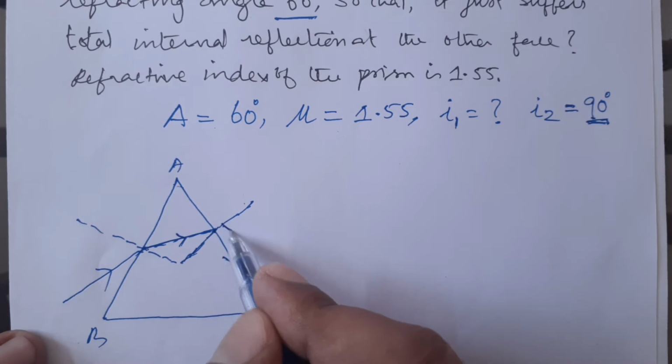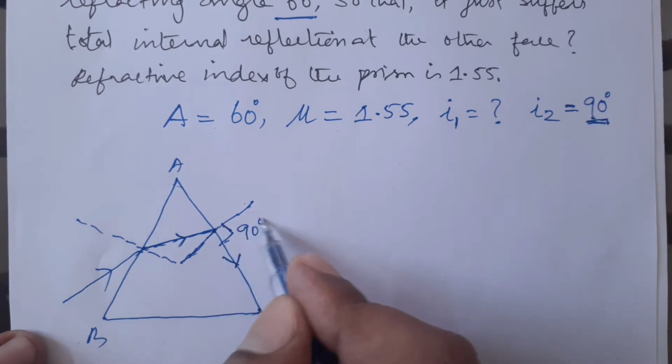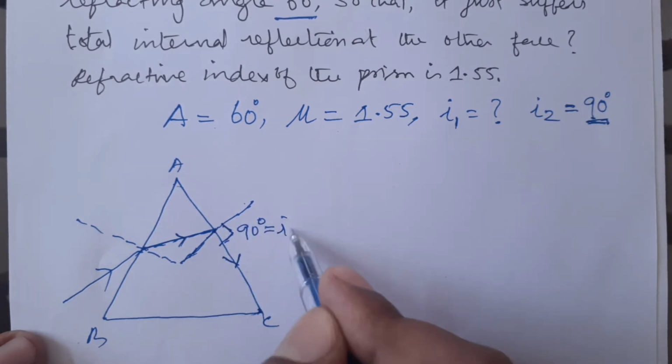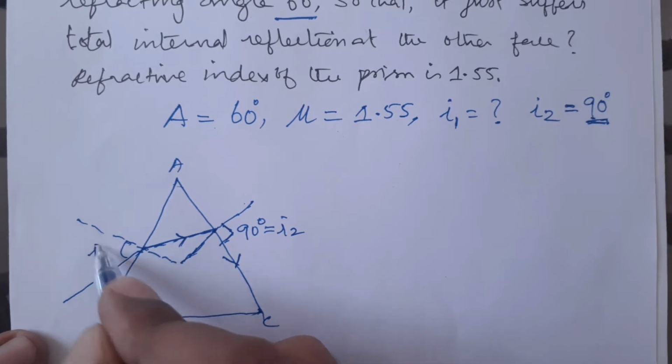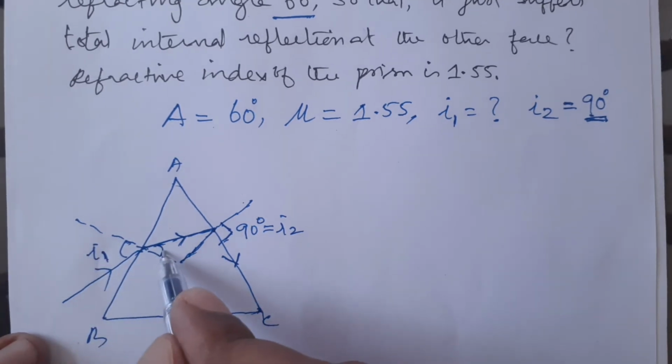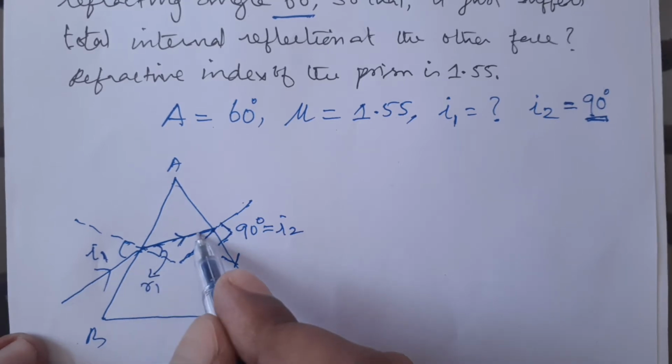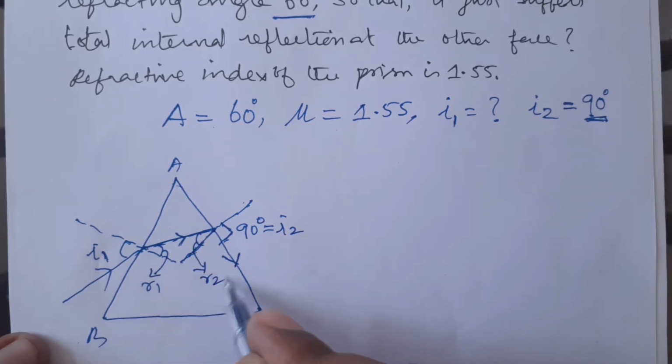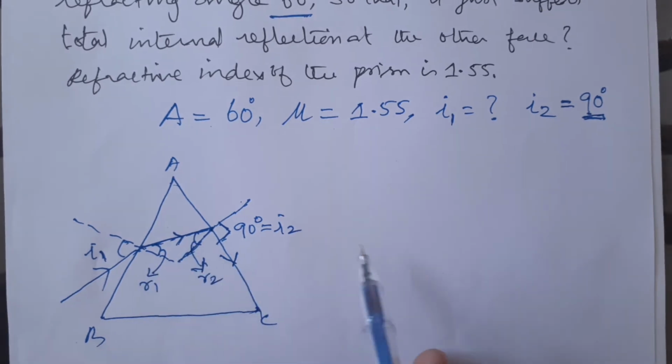Now this angle is 90 degree, so this is our I2. This is our I1, which is to be calculated. Let us take these angles as R1 and R2. So this is our supporting diagram.